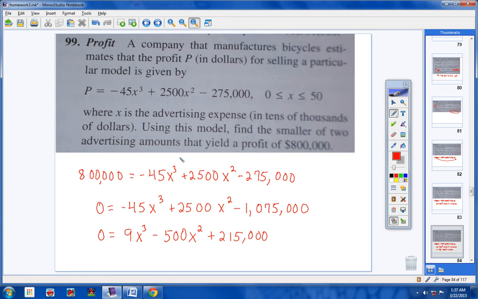So with that in mind, let's go to y equals, and type my new equation in, 9x cubed minus 500x squared plus 215,000.